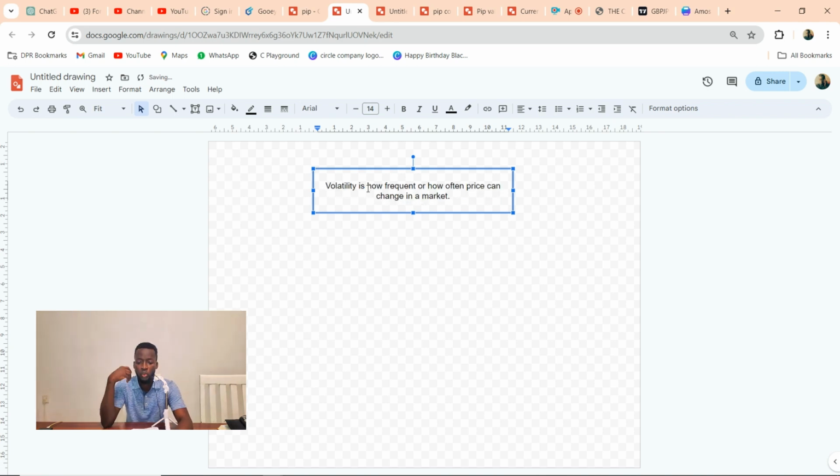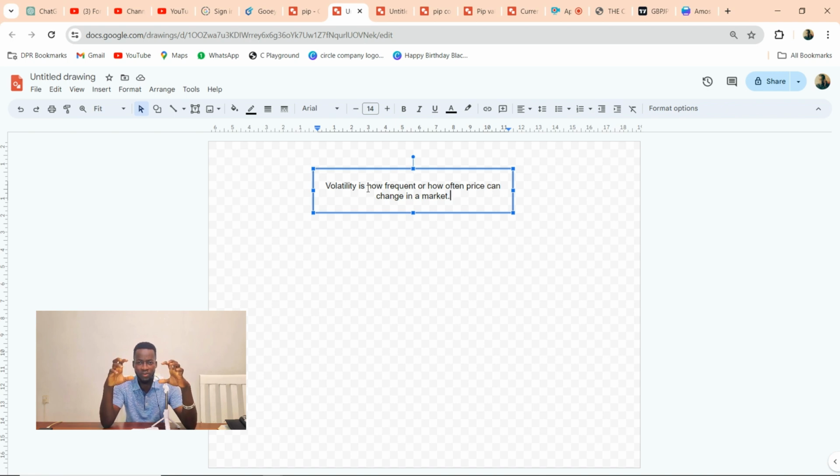Now, which pairs are volatile? Most of the time, the volatile pairs are the pairs whose price is unstable, which means volatility also means instability. So when you are in a market that is unstable, that means the market is volatile.